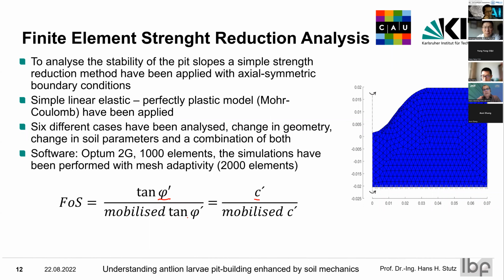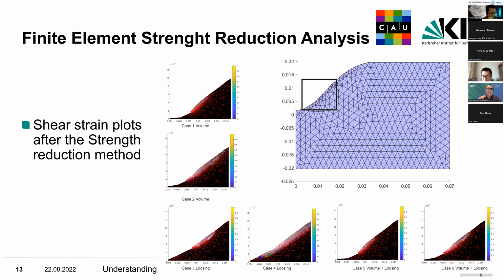Based on this, we calculated the classical factor of safety, which we then used to investigate 6 different cases. In 2 of the cases you can see here, we reduced some volume up to here, because the sand throwing introduced some volume losses.